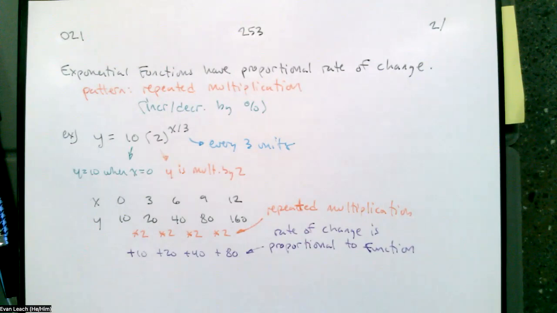So we build these exponential functions because the variable shows up as an exponent, because we're doing repeated multiplication, and exponents are repeated multiplication.